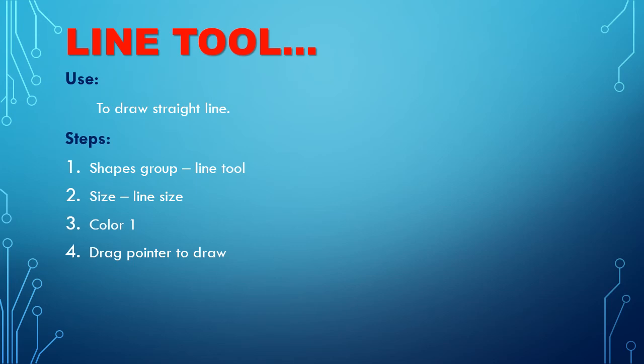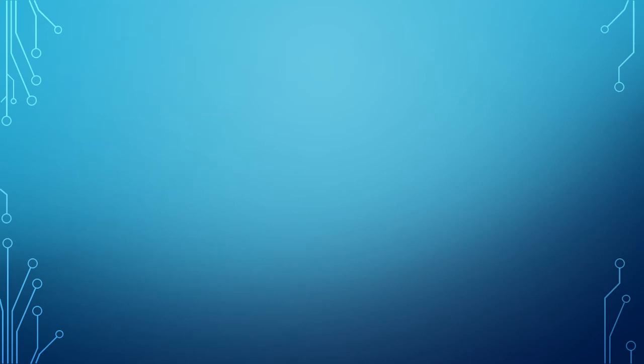And then you can also change the line styles. In the shapes group, click outline and then choose a line style. Okay, this line tool is used to draw a straight line. We can draw shapes with straight lines by using the line tool.